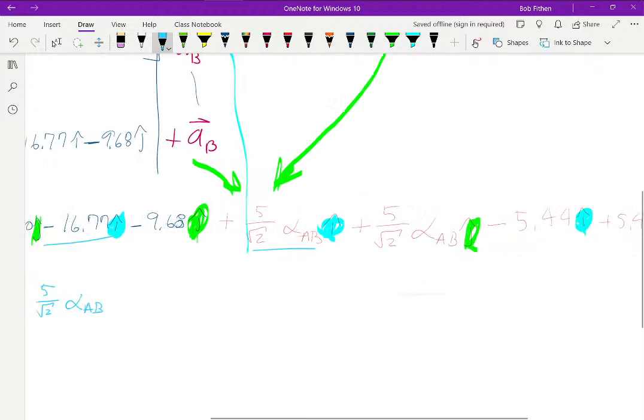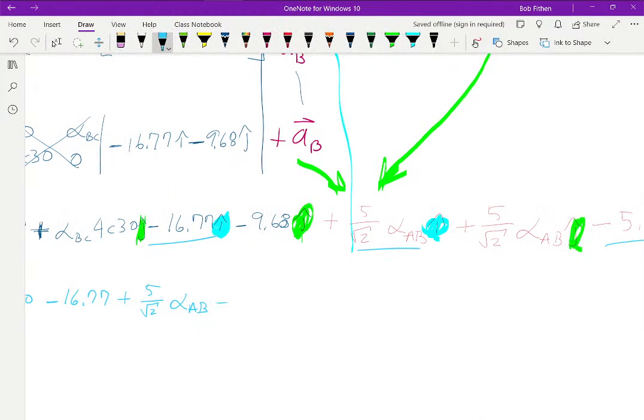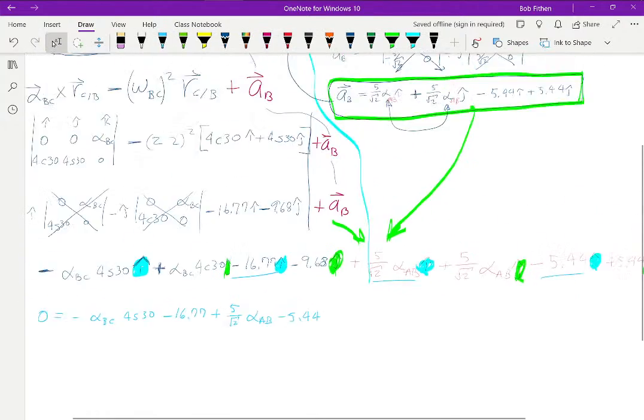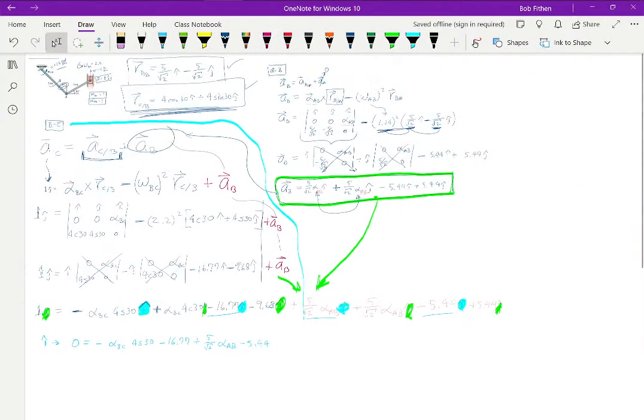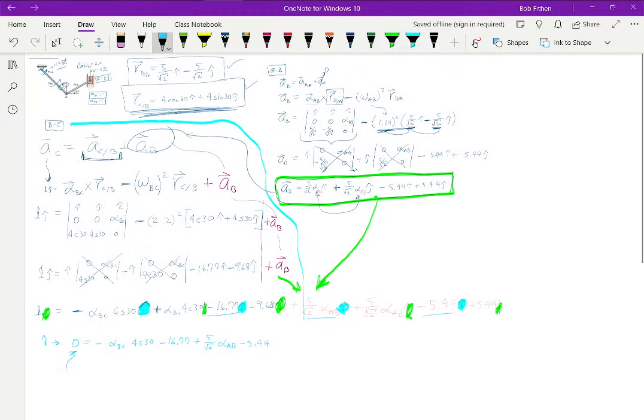Next blue: minus 5.44. Did I have the right number of terms? Over here I have 1, 2, 3, 4, and 1, 2, 3, 4. And on the left I have no terms, which is why you have a 0 here. So I have one equation.